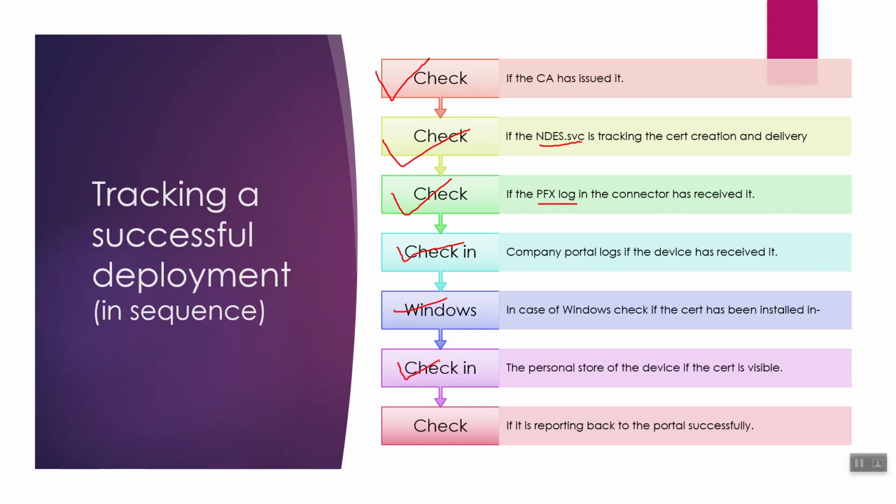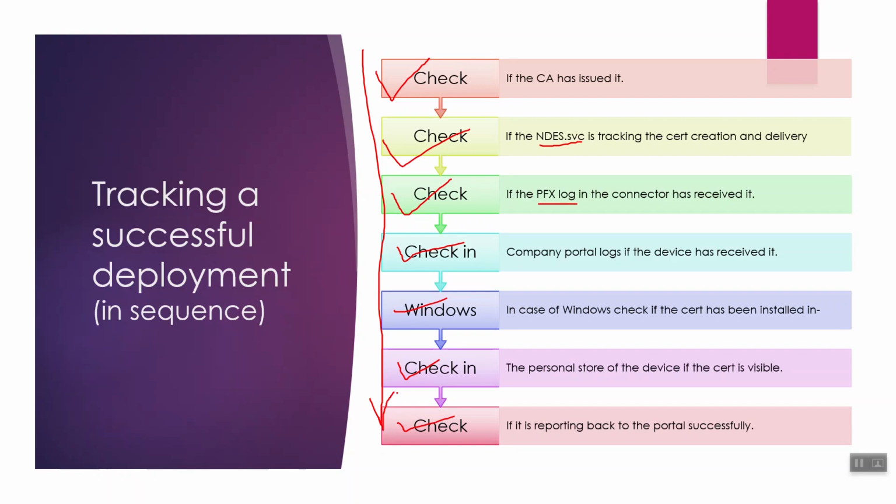If the certificate is showing, then finally we can go back to the portal and see what is the deployment status of the profile. If the device has reported back to the portal and notified that yes, I have received the certificate, please mark it as succeeded. So this is actually the entire flow for marking a successful deployment of a PKCS profile.